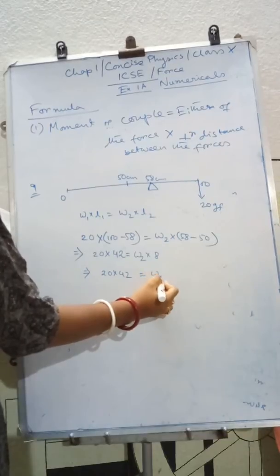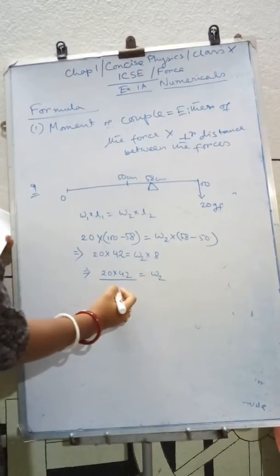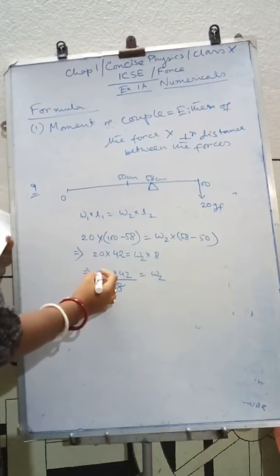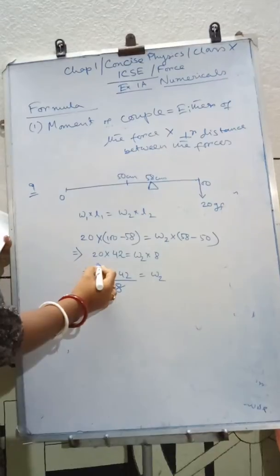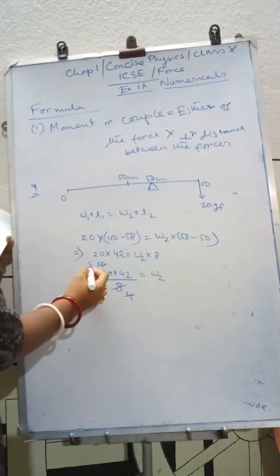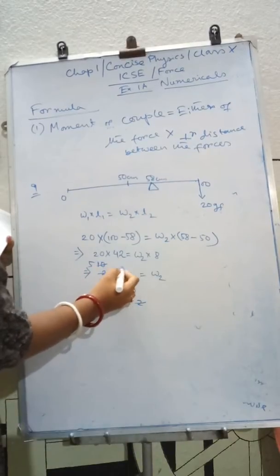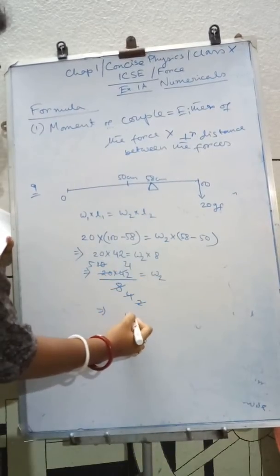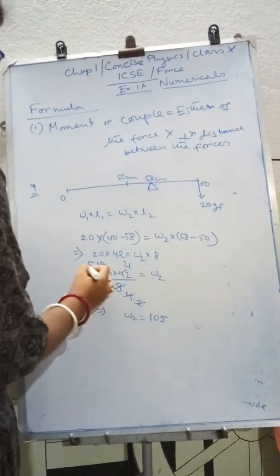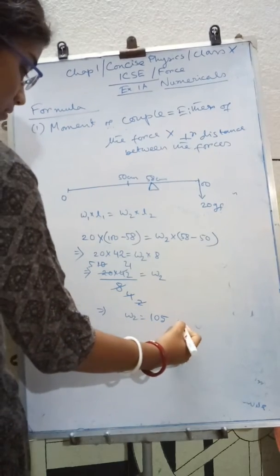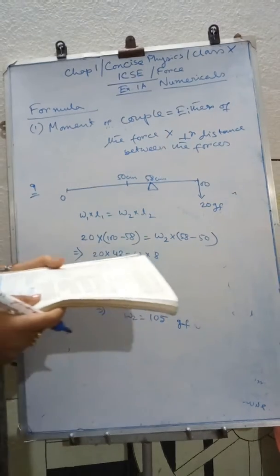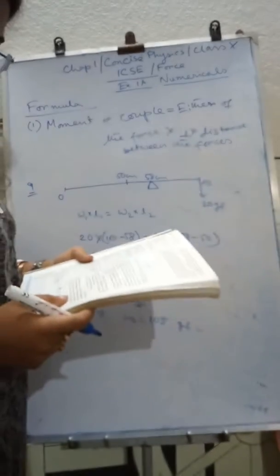So W2 will be equal to 20 into 42 divided by 8. Solving this, we will get W2 as 105. That is the weight of the rule is 105 gram force.